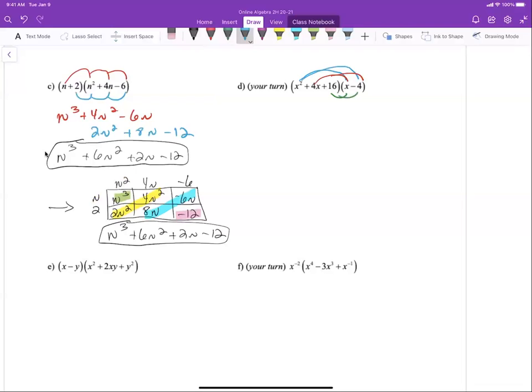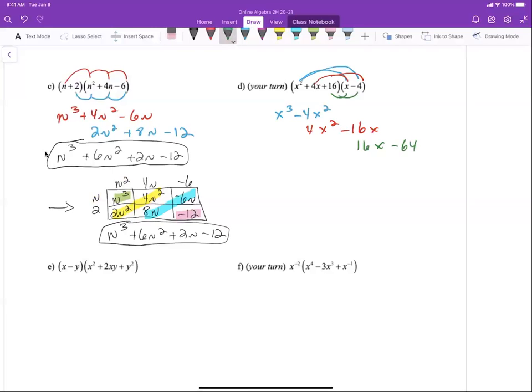If I do that, x squared times x gives me x cubed, and then I'll get minus 4x squared. Then I will get a positive 4x squared and minus 16x. And if I take the last term, which is 16, I will get 16x and minus 64.